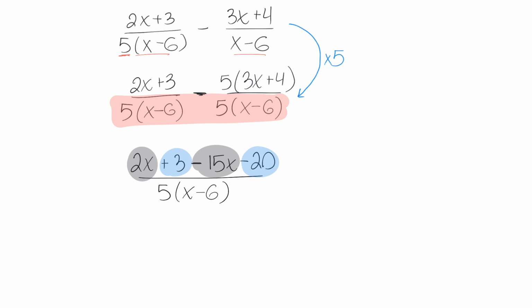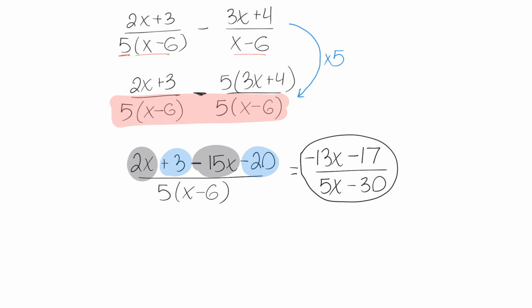So this is going to become 2x minus 15x is negative 13x. 3 minus 20 is negative 17 over, I'm going to go ahead and put my 5 back in, 5x minus 30. 13 and 17 are prime, so there's nothing I'm going to be able to factor out and simplify. So that is our final answer.